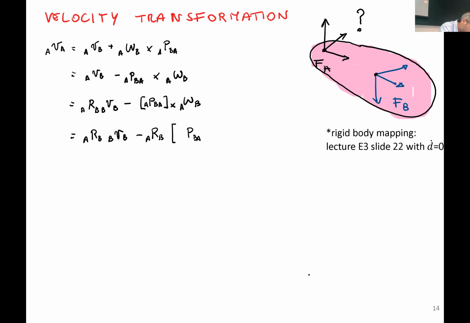So we do this from B to A, and this goes from A to B. Yeah, so let's do that explicitly.